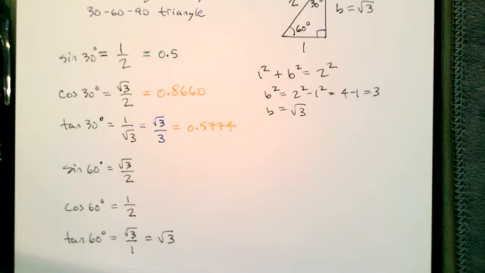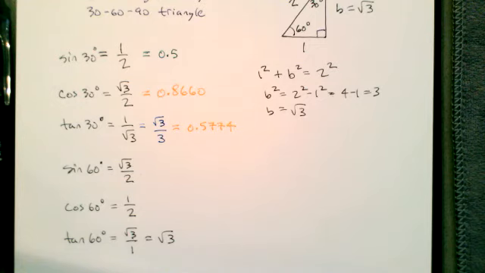So it looks like when we went from 30 to 60, the sine and the cosine switched. That's an important thing to observe. The sine and cosine of complementary angles will always be equal because the opposite of one will be adjacent to the other.